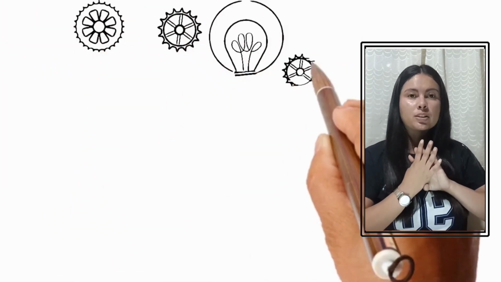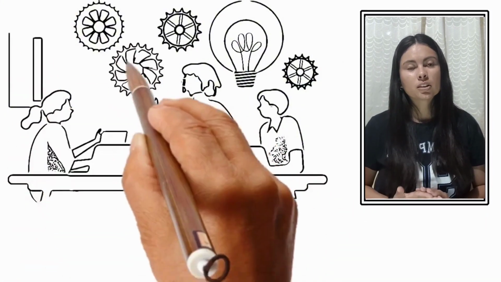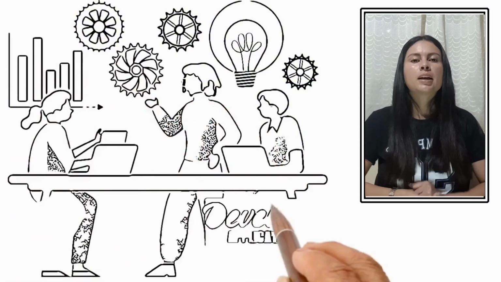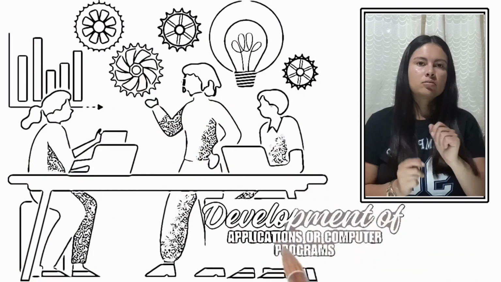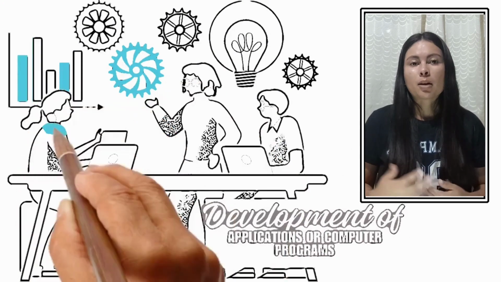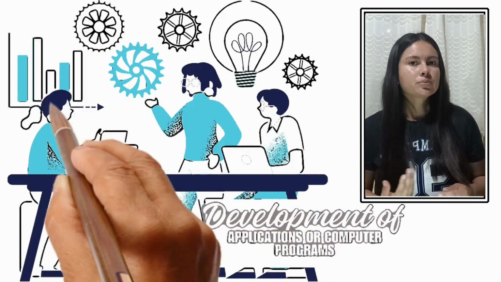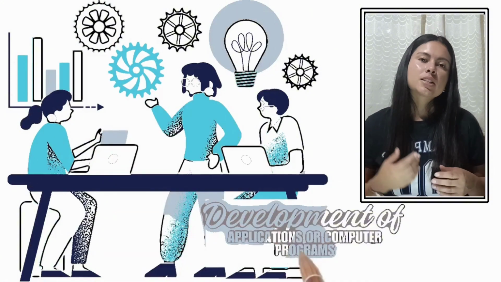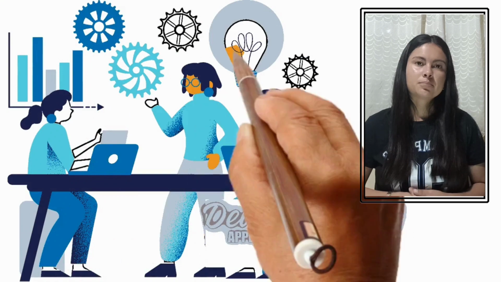The fourth strategy for this model is development of applications and computer programs. Students learn to program and design applications and computer programs that address certain problems and identify needs.